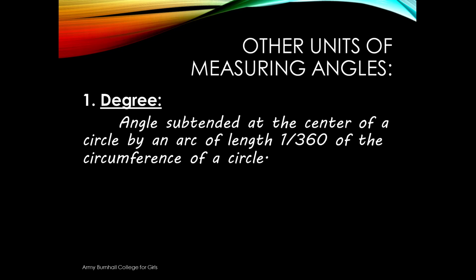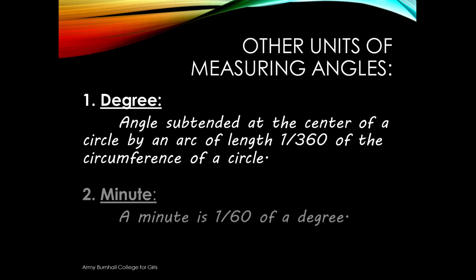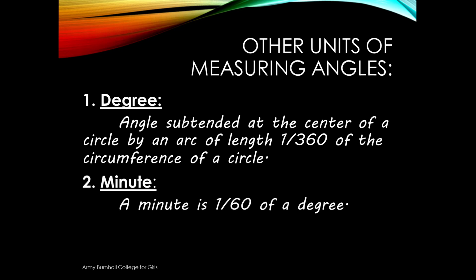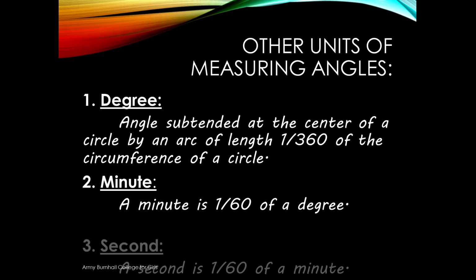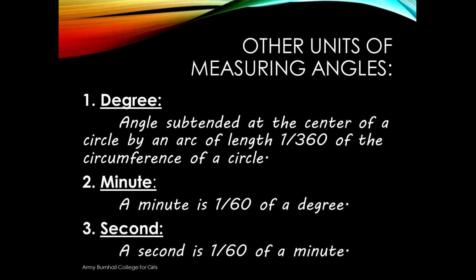It means that one complete circle has 360 degrees, and 1 degree is the angle subtended at the center of a circle by an arc of length 1 by 360 of the circumference of the circle. Second is the minute. A minute is another unit of measuring angle, and a minute is 1 by 60th part of a degree, a smaller unit. Second is yet another smaller unit, a second is 1 by 60 of a minute. It is the 60th part of a minute.